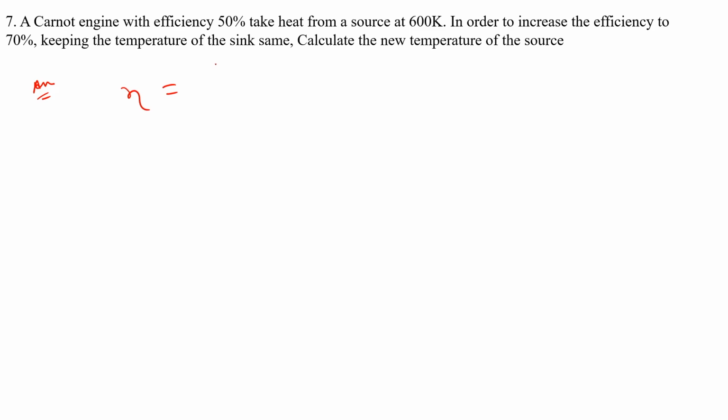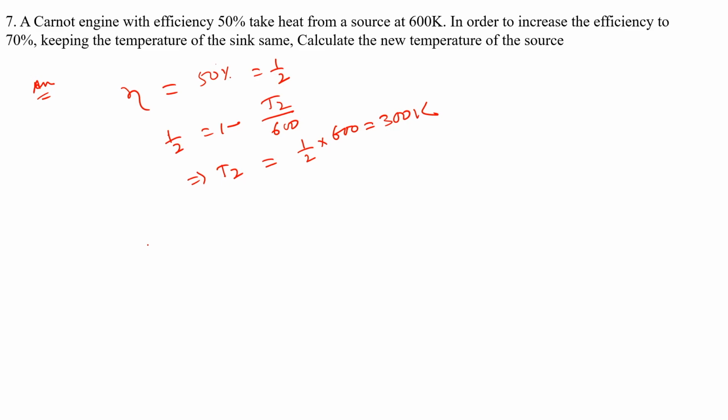So, 1/2 is 1 minus T2 by 600. So, the value of T2 we get is 1/2 times 600, which gives you 300 K.